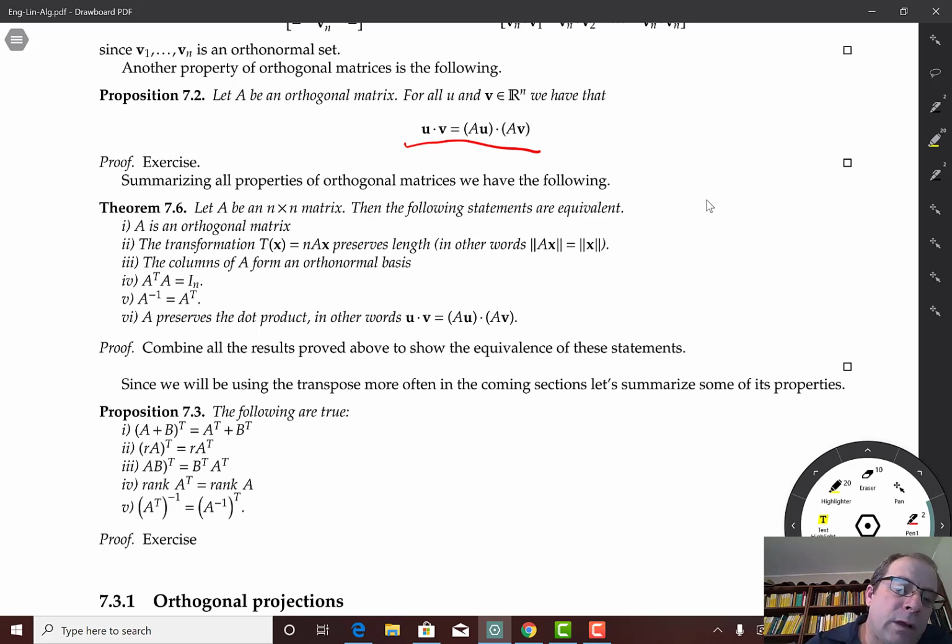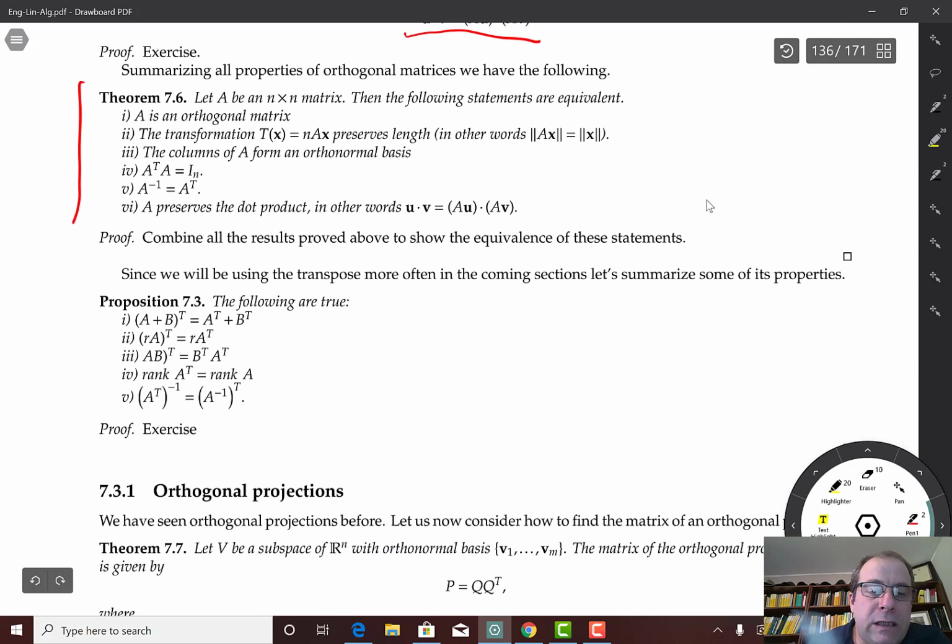Okay, so theorem 7.6 gives you a nice list of equivalent conditions for when a matrix is orthogonal. Basically the transformation has to preserve lengths. Okay, the columns of A form an orthonormal basis. Yes. A transpose times A is the identity.